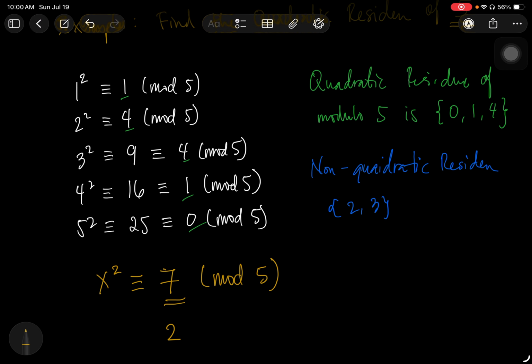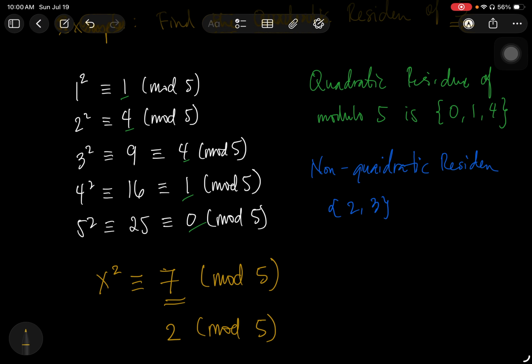It will become 2 mod 5. So 2 here has a square that could give us a residue.